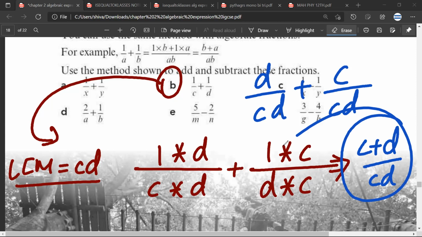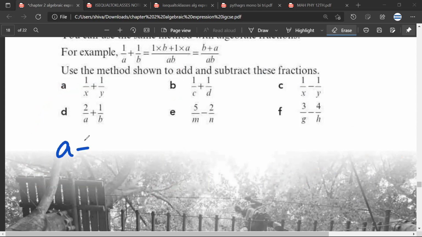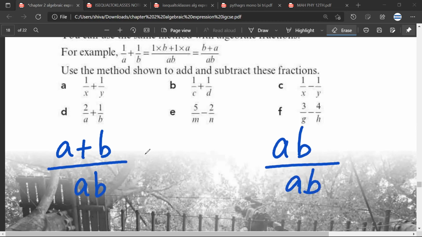So, is this equal to 1? No, this is not equal to 1. If it was multiplication, then it would be 1. This is not equal to 1. This is equal to 1. Okay. Any doubt?